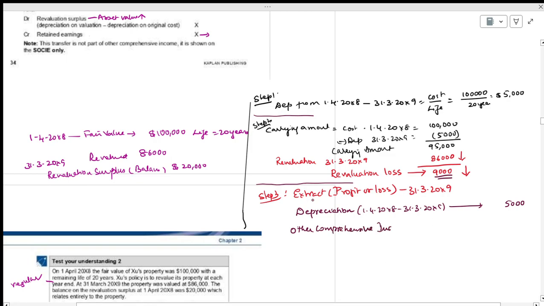You can write OCI also. What will you write in OCI? Revaluation loss. How much is the revaluation loss?